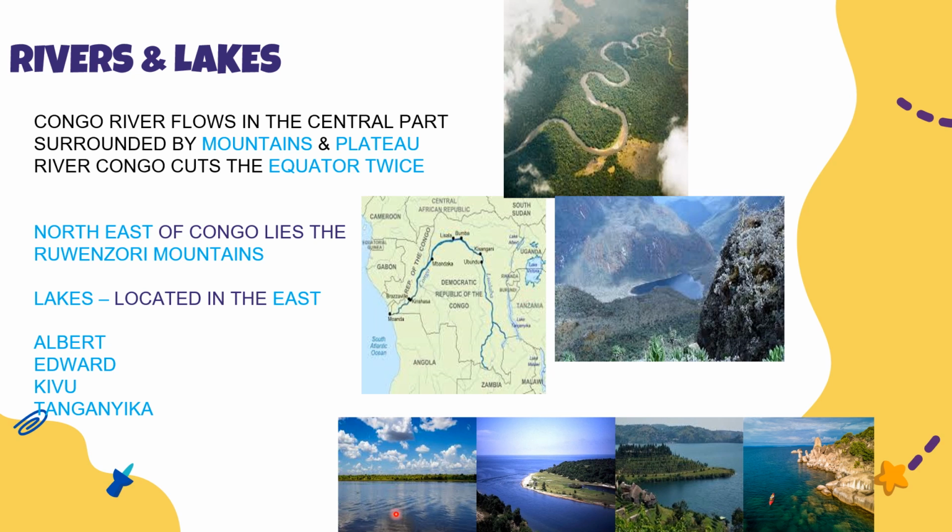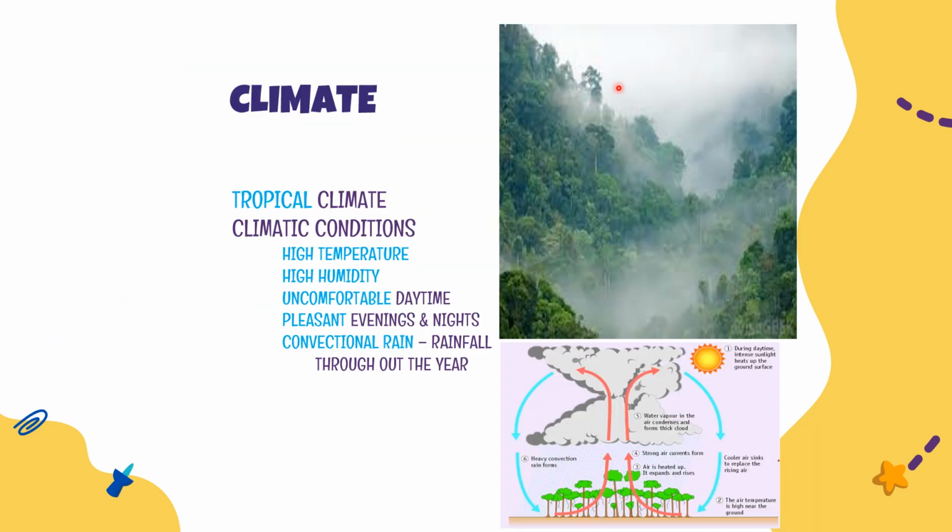There are also 4 important lakes found in this country, that is Lake Albert, Edward, Kivu and Tanganyika. So how fertile it is, right? You can see the lake and you can see the forest, greenery. From this picture itself you can clearly understand how fertile the land is and how fertile the equatorial climate is. Yes.